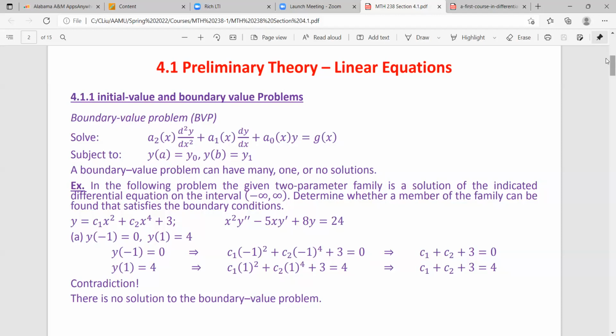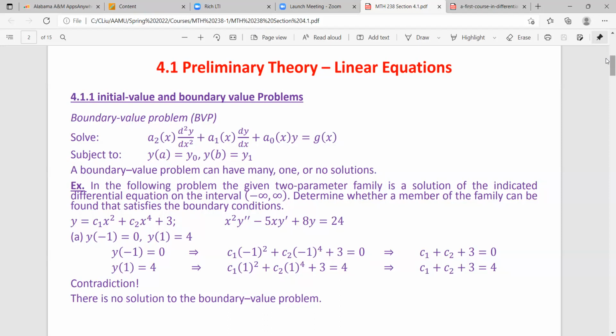This is very straightforward. You just plug in -1 for x into y, and 1 into y, and then try to solve for C1, C2.